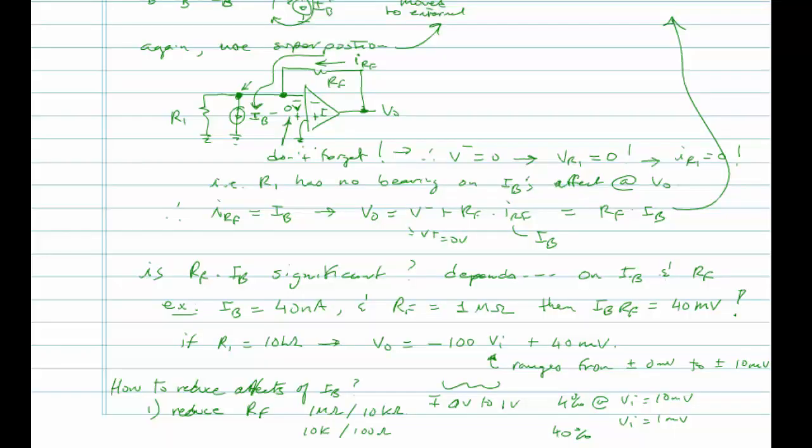Or 100K and 1K. Now, of course, maybe you can't do that. Maybe there's a reason you need R1 to be large. R1 would actually affect the input resistance that you would see when you looked into the input. Rin here is equal to R1. So if you need a certain input resistance, then you can't just arbitrarily make R1 small. Right? So that's one way you can counter it.